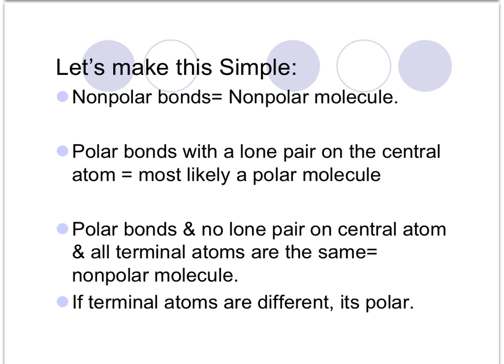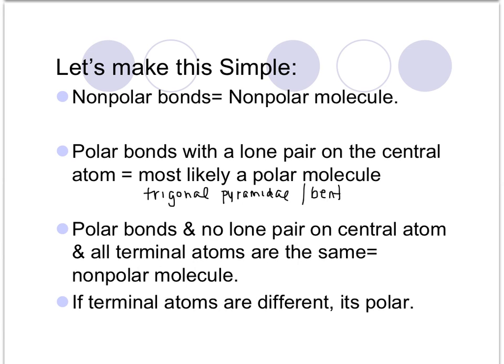So let's make this simple. Nonpolar bonds make nonpolar molecules. Polar bonds with a lone pair on the central atom, like the trigonal pyramidal shape or the bent, will most likely create a polar molecule.